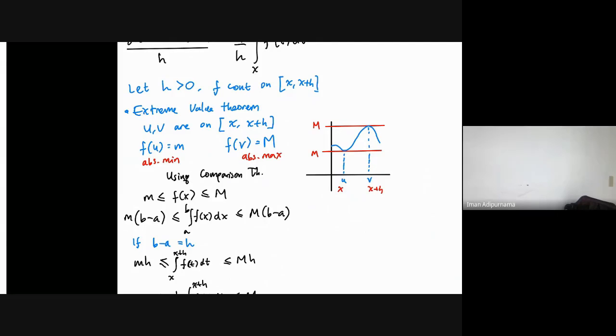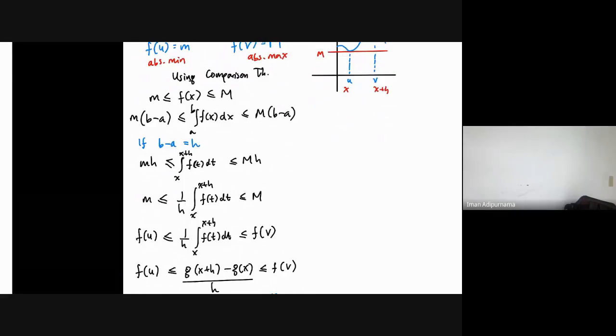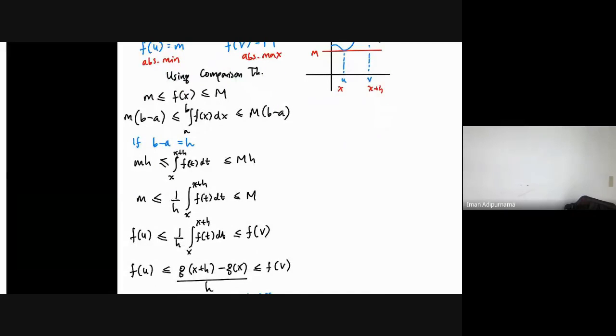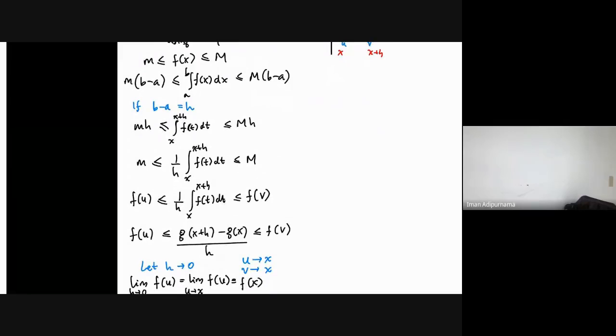You can divide by h, and you will bring back the 1 over h here. Let's change the m into the functions. Based on our first approach, 1 over h times the integral of f(t) dt is our g(x plus h) minus g(x).